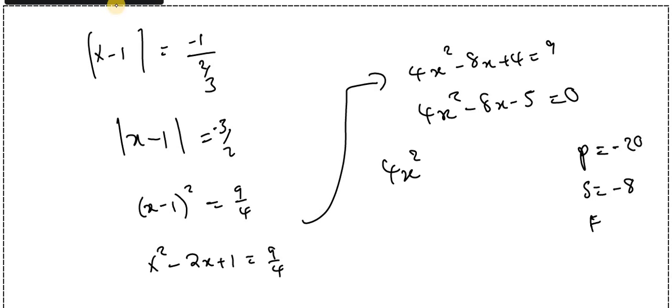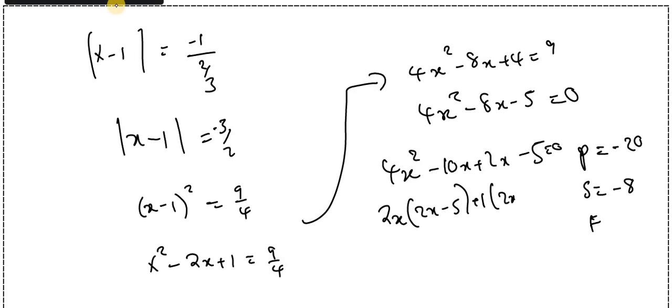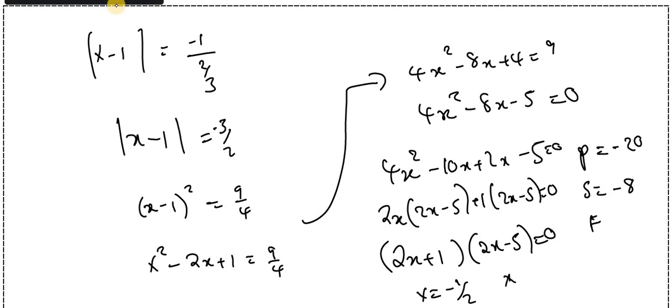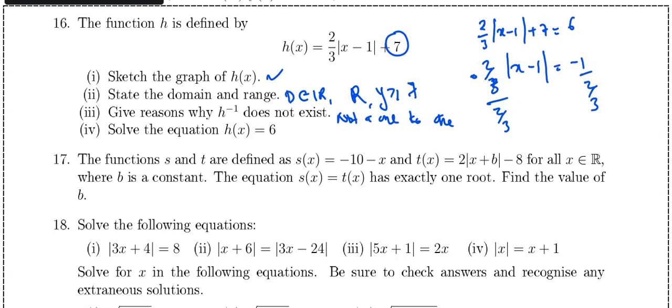We use 2 and negative 10. So we have 4x squared minus 10x plus 2x, which is 2x times 2x minus 5, plus 1 times 2x minus 5, equal to 0. So 2x plus 1 and also 2x minus 5 is equal to that. So x is equal to negative half and x is equal to 5 over 2, which is 2.5. These are the answers to the equation where h of x is equal to 6. So that answers your number 16.